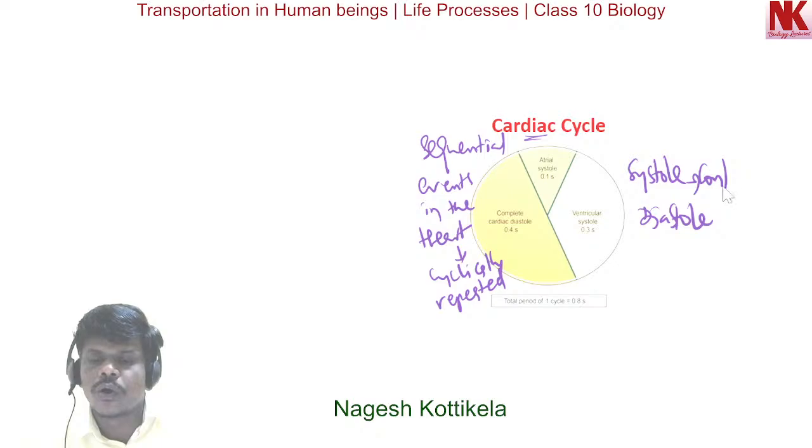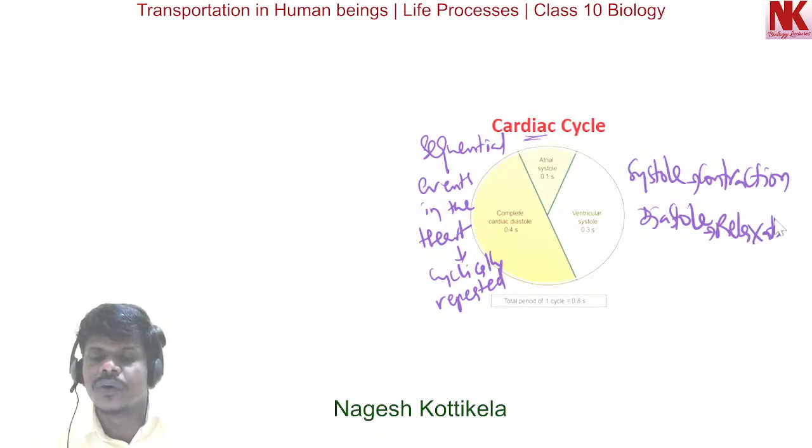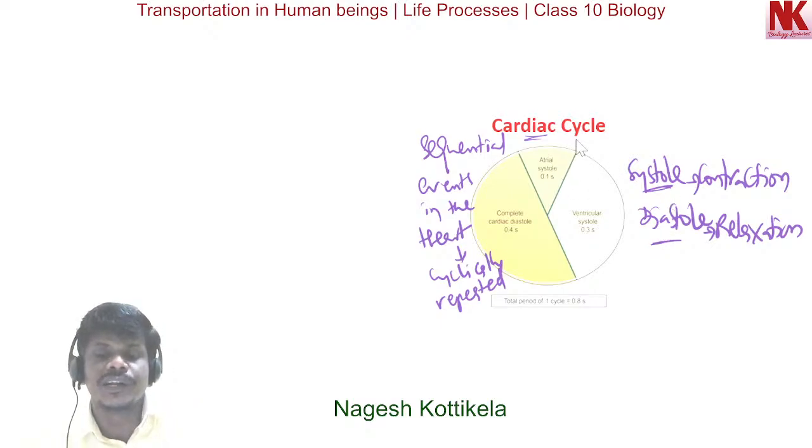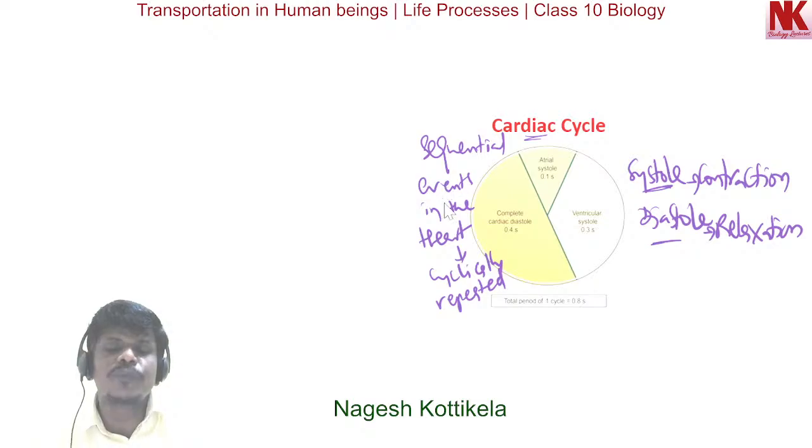Systole is contraction, diastole is relaxation. This is how systole and diastole of auricles and ventricles is found during the cardiac cycle, and these are the sequential events in the heart which are cyclically repeating again and again.